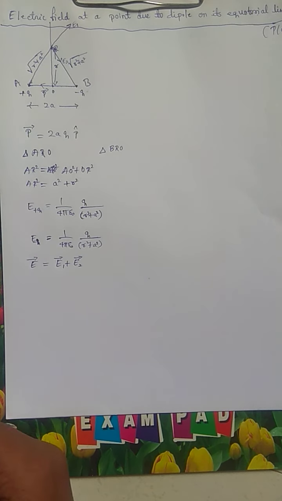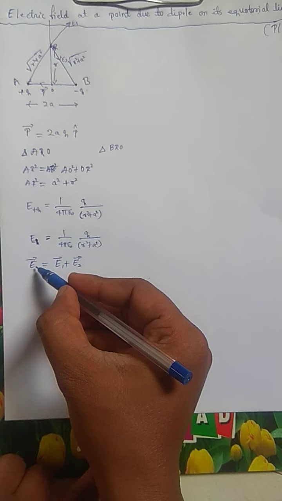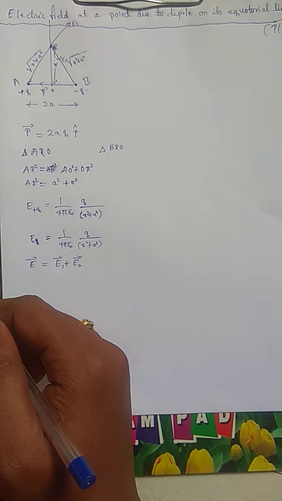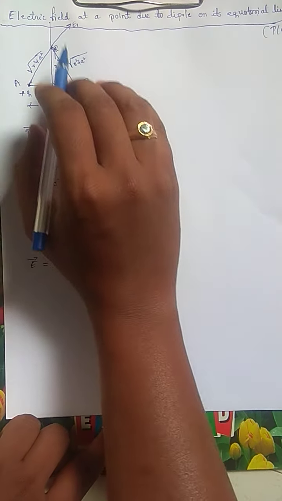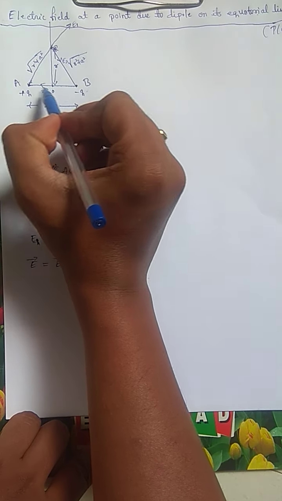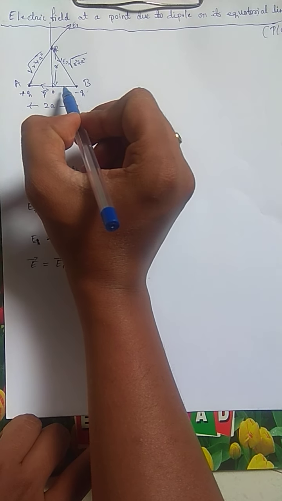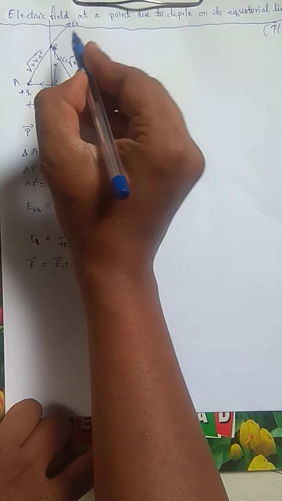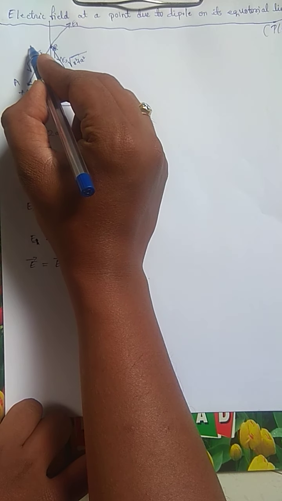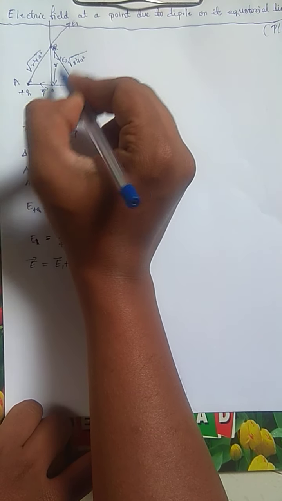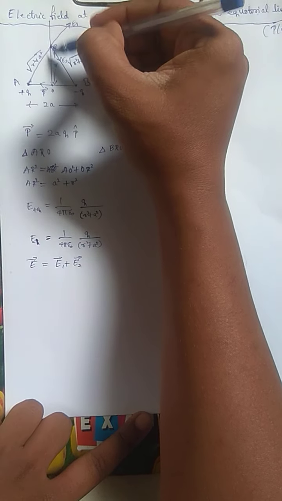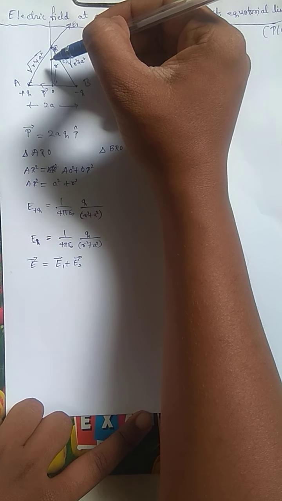We know the law of vector addition, and because of that, the electric field will be resolved into two components here. That is, the electric field along the dipole axis, we have to consider the components. So the electric field will have a component parallel to the dipole axis and a perpendicular component also.